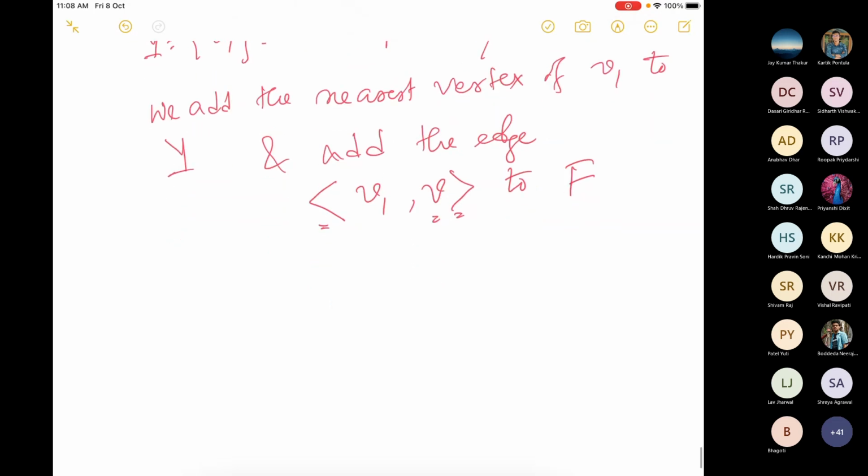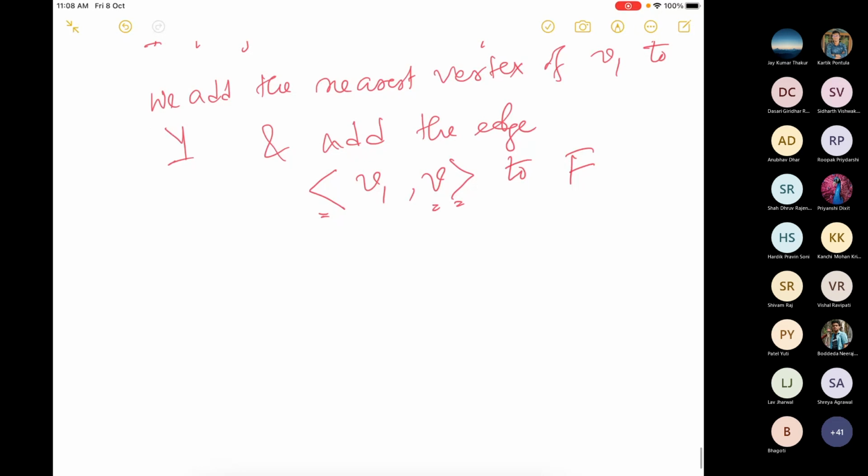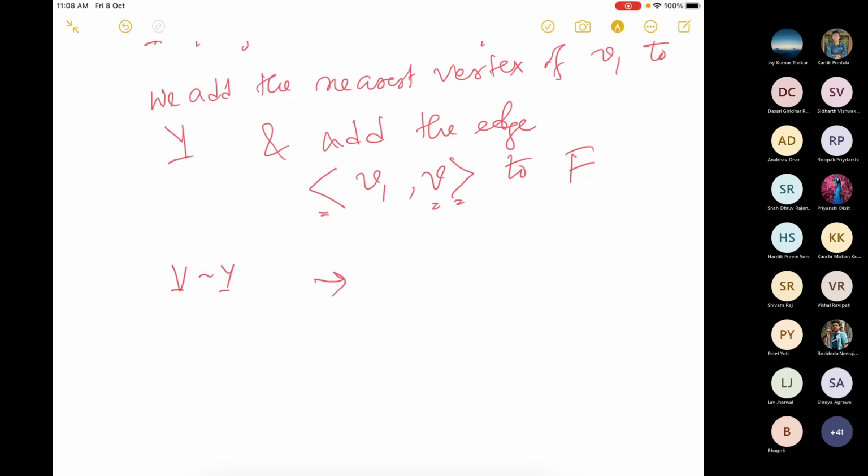Now again we will maintain the set V minus Y like earlier. So now we try to do something as follows.